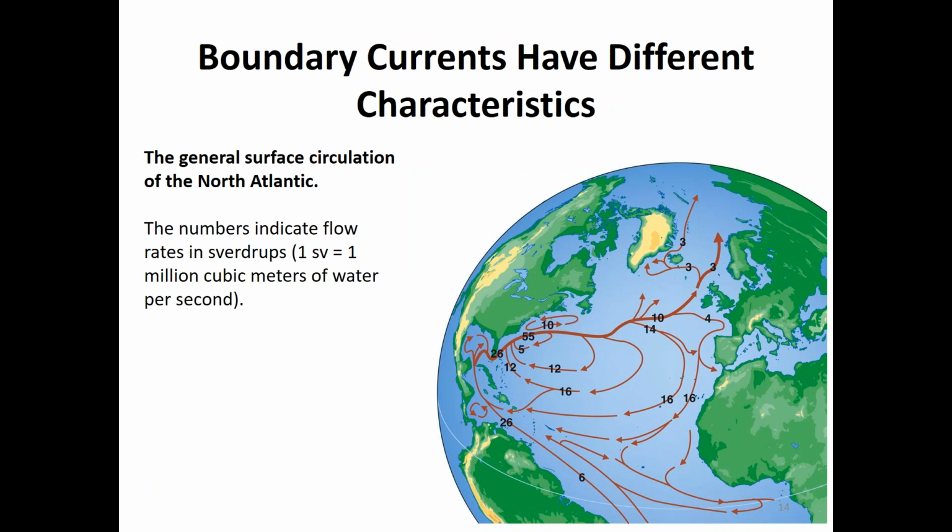One of the thought-of probable outcomes of global warming is that as the glacial ice melts in Greenland and Canada, all that cold fresh water flows down. It's thought that it might suppress the Gulf Stream, so the Gulf Stream doesn't flow as far north. Because remember, cold fresh water has a different density than warm salty water.